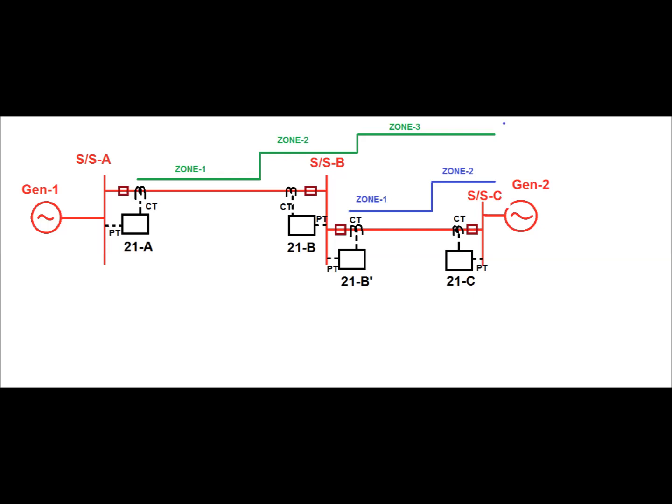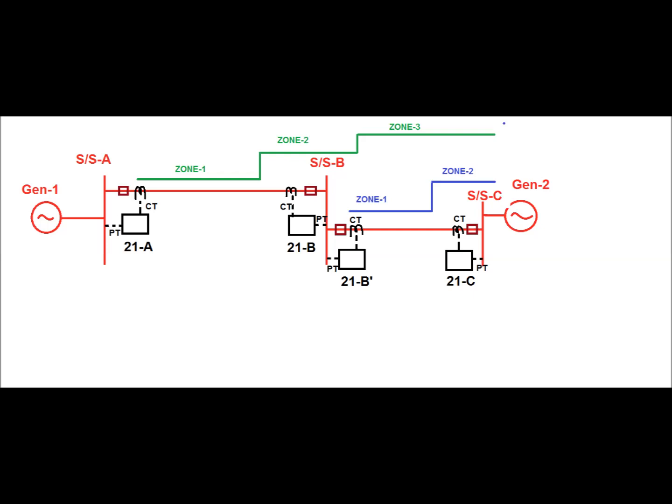Adjacent 50% of line length means 50% of the shortest adjacent line length. And zone 3 should cover the line segment plus the adjacent longest line. Zone 3 setting is equal to 1.2 times the line segment plus the adjacent longest line length.